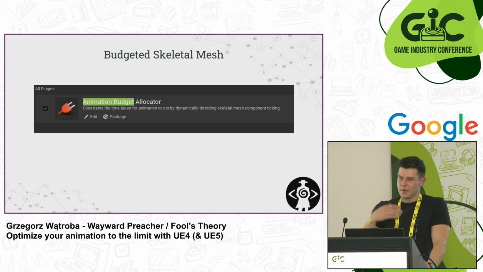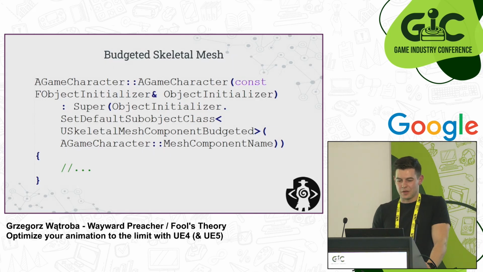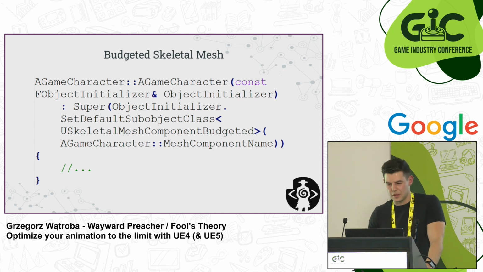Now, when you have this all neatly set up, there's another element, which is budgeted skeletal mesh, and this is the most fun part for me. So budgeted skeletal mesh is an automatically connecting to significance manager kind of skeletal mesh, which based on previously established rules reduces time frame used for animations to save the calculation overhead.